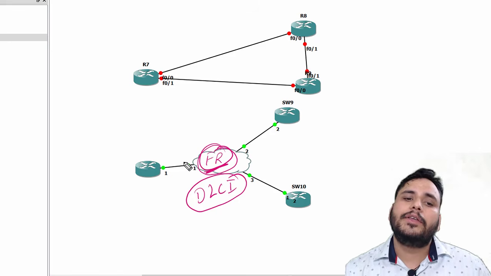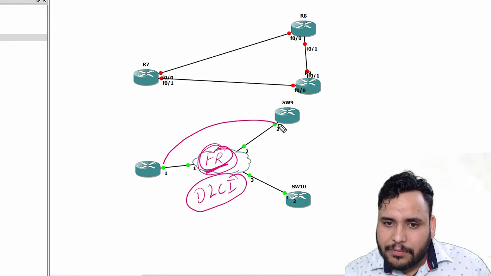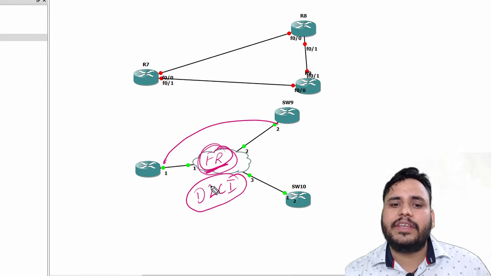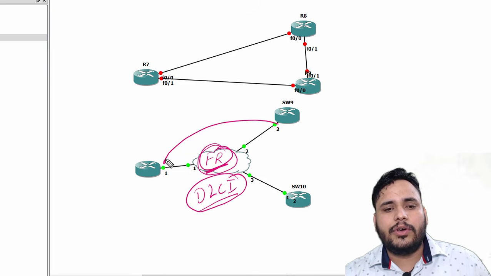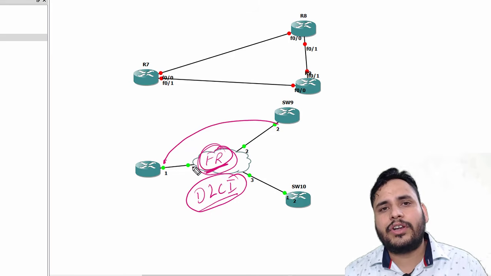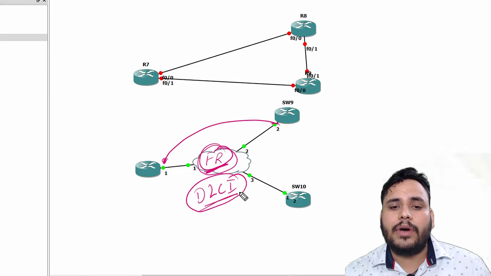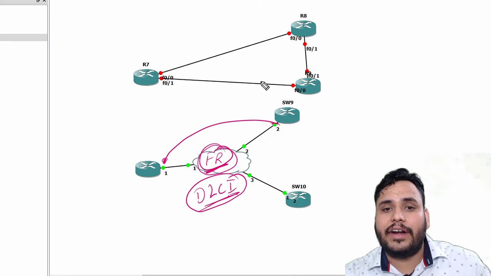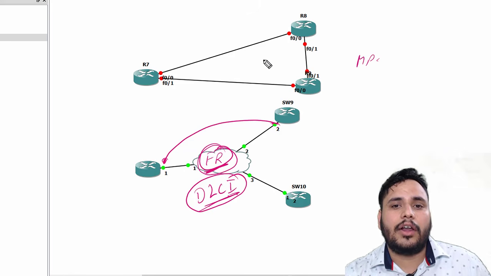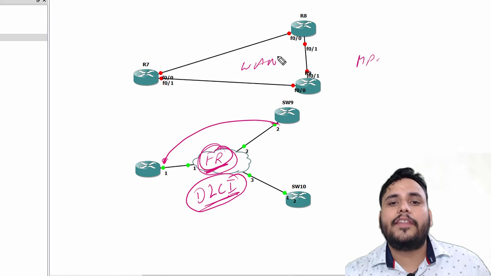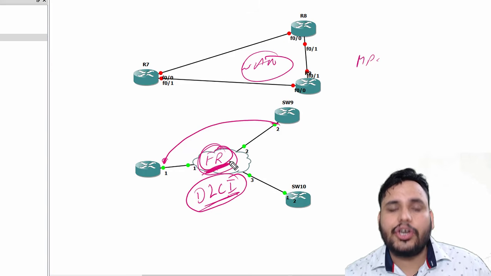In frame relay, your connection will always be established with the help of DLCI. Switched virtual circuits and permanent virtual circuits are connected with each other, but you are not able to get direct bandwidth like MPLS or other WAN designs. So frame relay is your cheaper design.